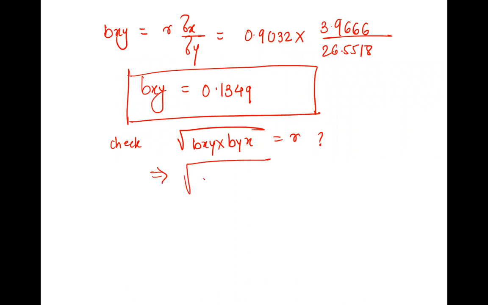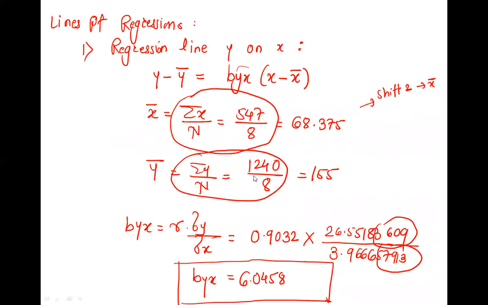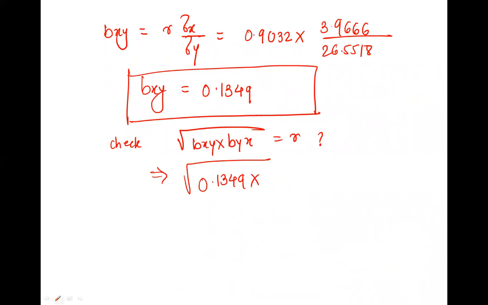So we'll write 0.1349 into 6.0458. Check this value. Is it equal to R? What is this value?